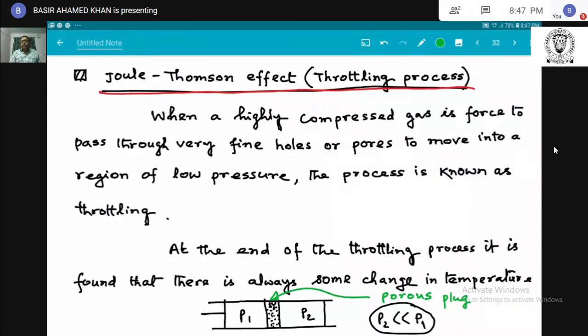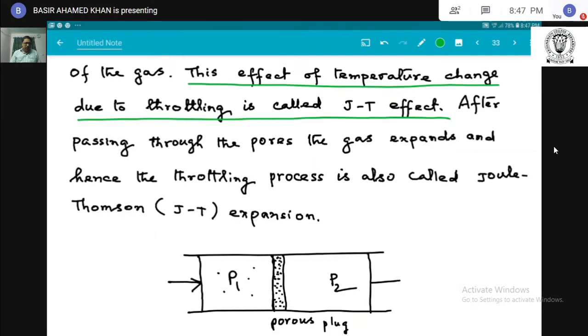This process is called throttling, and after its end the temperature of the gas changes. The effect of temperature change due to throttling is called the Joule-Thomson effect or JT effect. After passing through the pores the gas expands, and hence the throttling process is also called Joule-Thomson expansion.